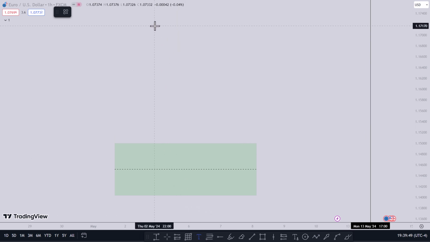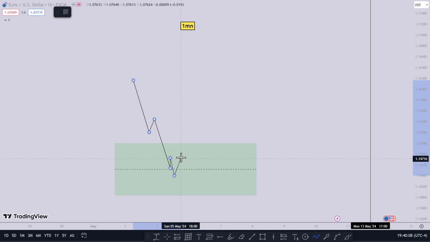It doesn't matter, right? So let's say that this is the 1 minute time frame, and price is trending lower on the 1 minute. All right, it hits this area, and we have some kind of a rejection out of it.